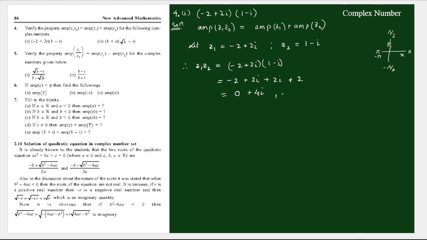So it lies on the positive part of the imaginary axis. So our amplitude will be how much? Therefore, amplitude or argument of Z1 Z2 is pi by 2.